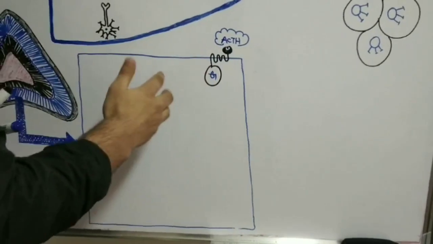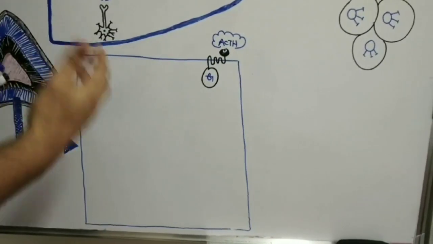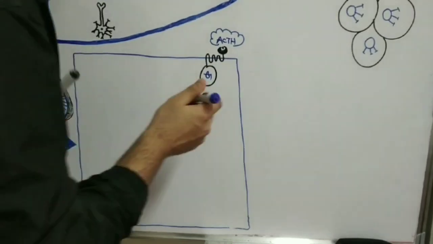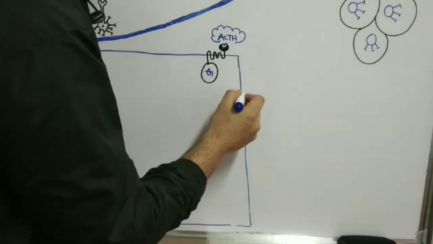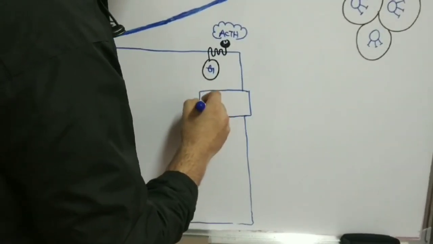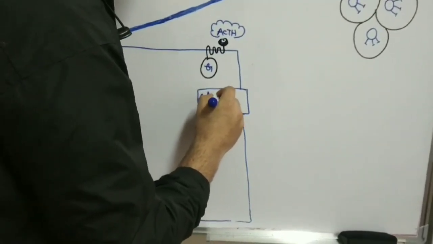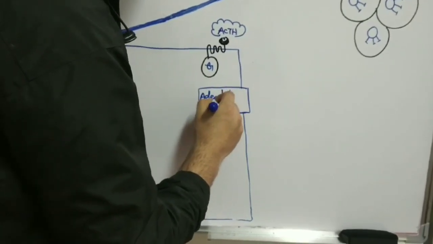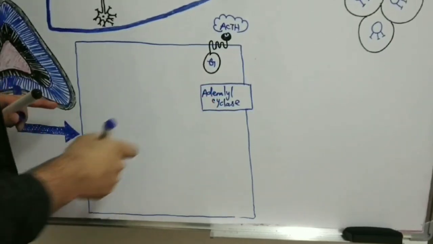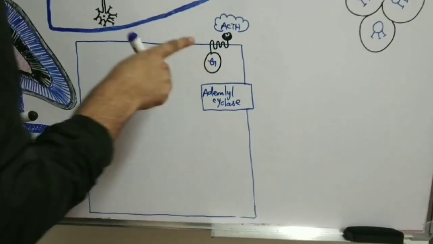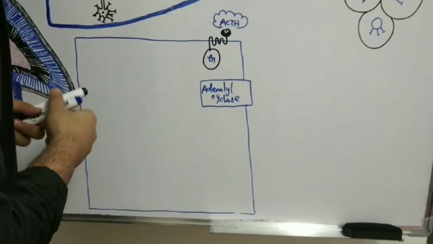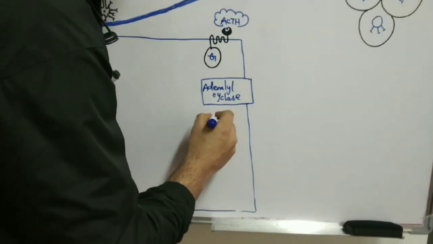Whenever the G protein gets activated, it activates another protein known as adenylyl cyclase, which is present in the cell membrane. Now when this adenylyl cyclase gets activated due to the G protein, what happens? This adenylyl cyclase converts ATP into cyclic AMP.